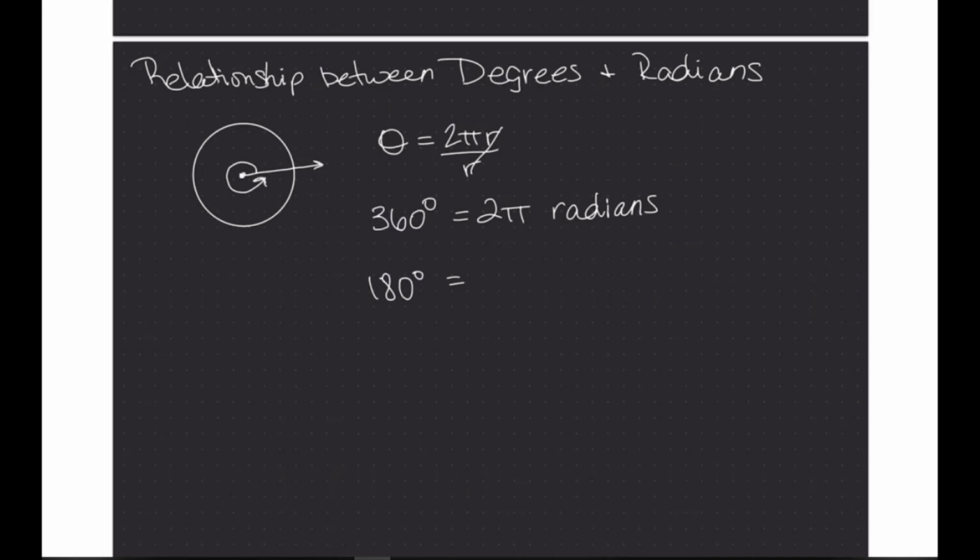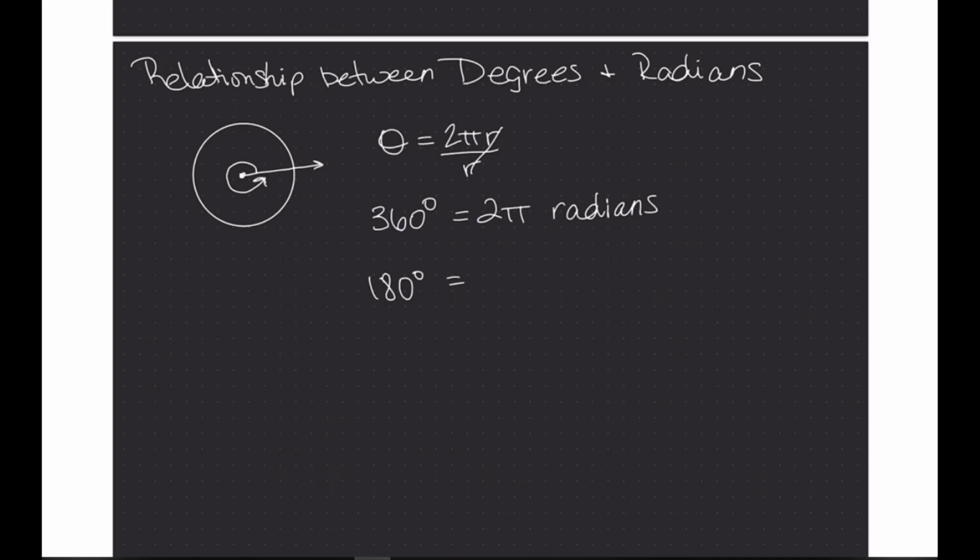If I wanted to know 180 degrees, so if my angle was 180 degrees, I want to figure out that arc length over my radius. So it's going to be half of the whole circle. So how many radians is 180 going to be? 1.